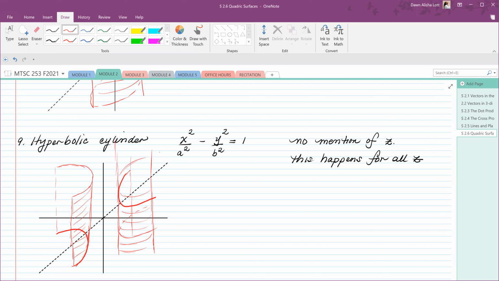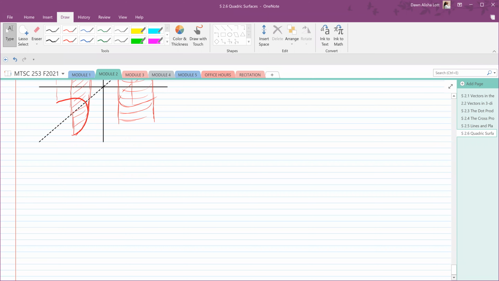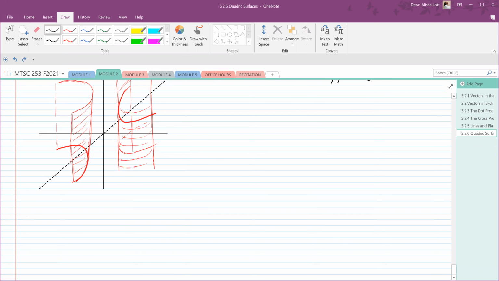Okay, so now here's where life gets scary. They're not always facing in that direction. So for example, say I have x minus y squared minus 6z squared, it equals 0.